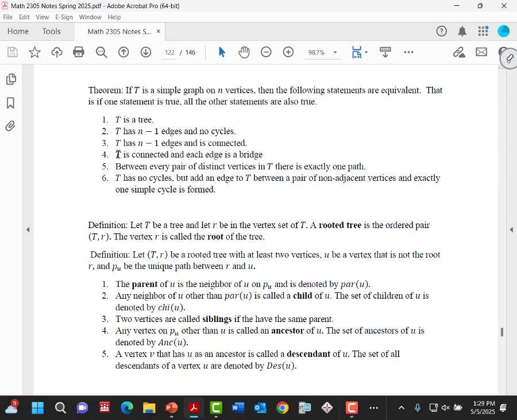If I have a graph T and it is connected and each edge is a bridge, meaning if I were to cut any of the edges, that would suddenly make the graph unconnected, then it's a tree. Between every pair of distinct vertices in T, there is exactly one path. If that's the case, then the graph is a tree.